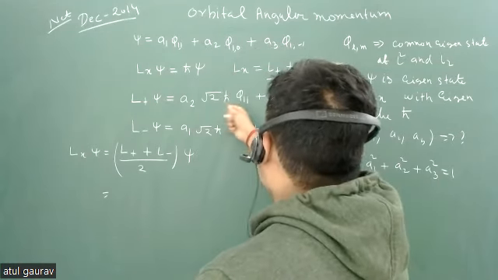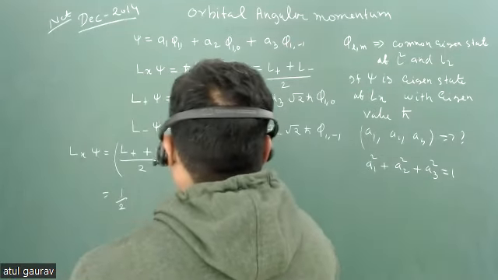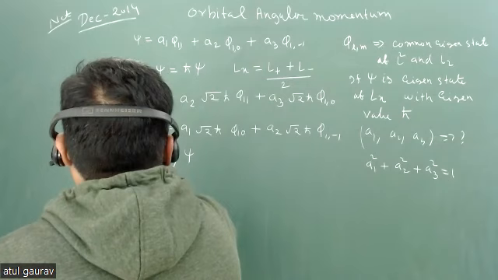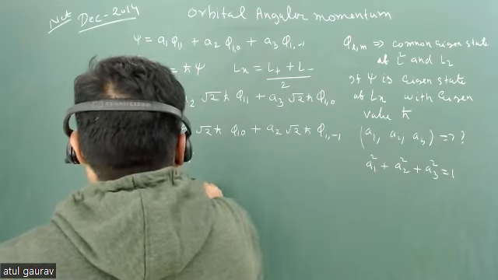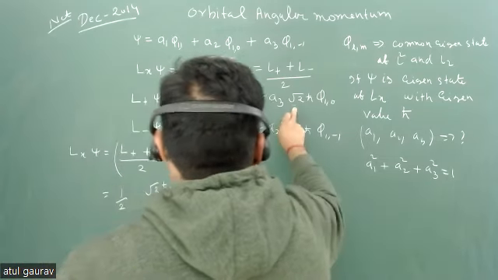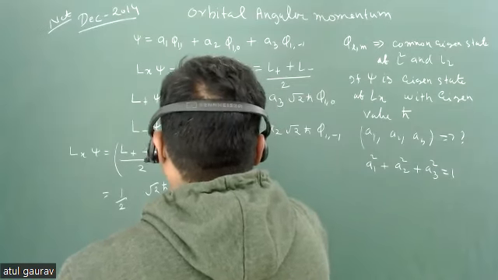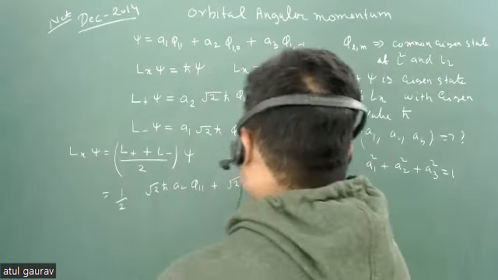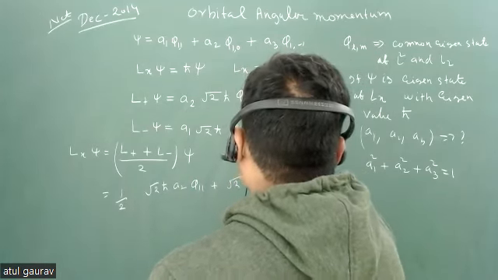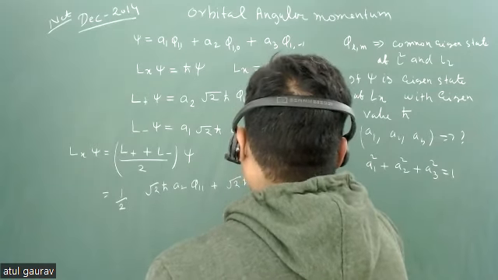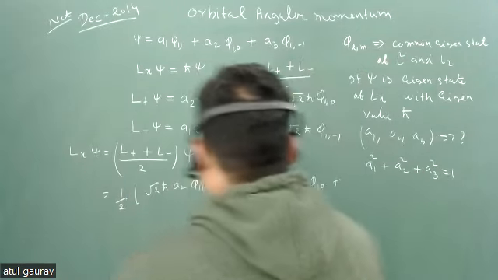The factor 1 by 2 is always there, so we have root 2 h cut A2 phi 1 1, plus root 2 h cut times A1 plus A3 phi 1 0, with 1 by root 2 everywhere.